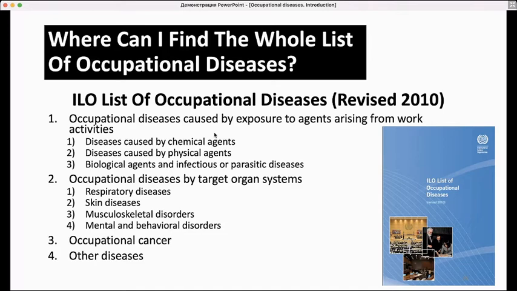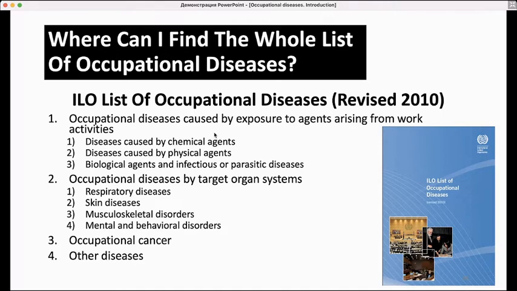All the diseases included in this list are divided into four groups. First group is occupational diseases caused by exposure to agents arising from work activities, like diseases caused by chemicals, physical agents, or biological agents, and infectious or parasitic diseases.